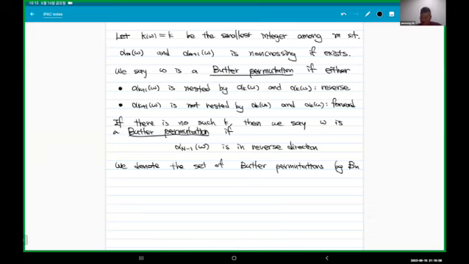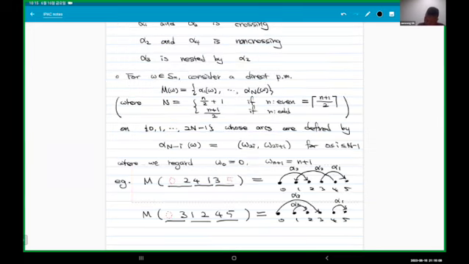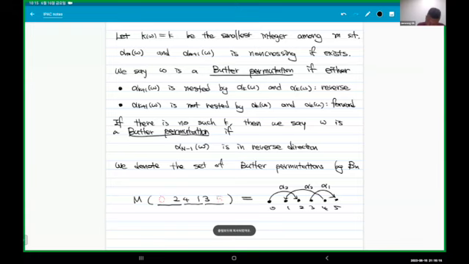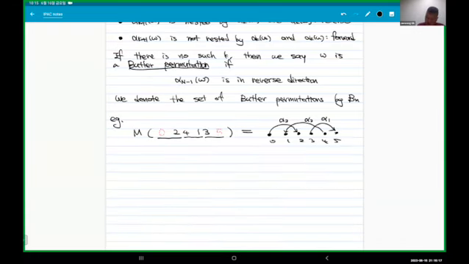And I will give you an example. So first example comes from this one. In this example, alpha 1, alpha 2 is a crossing, alpha 2, alpha 3 is a crossing. So this is the case that there is no such k.